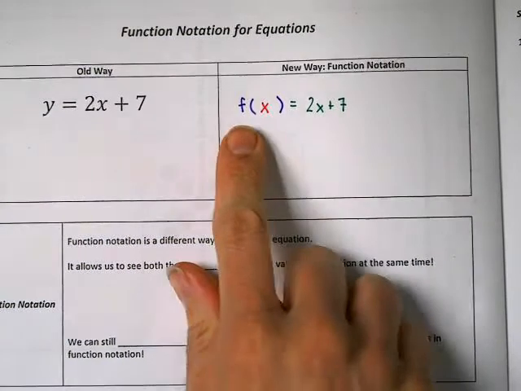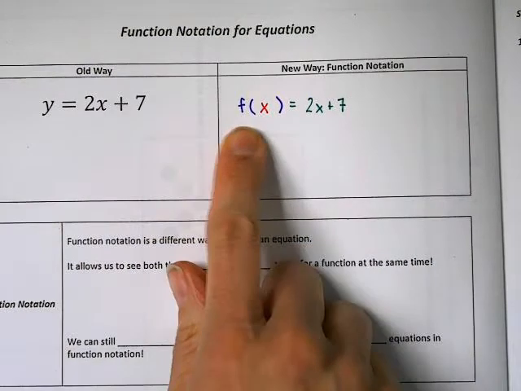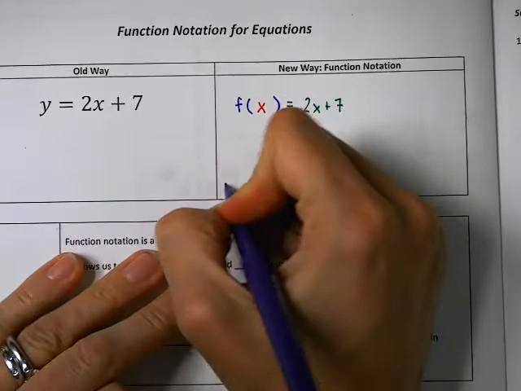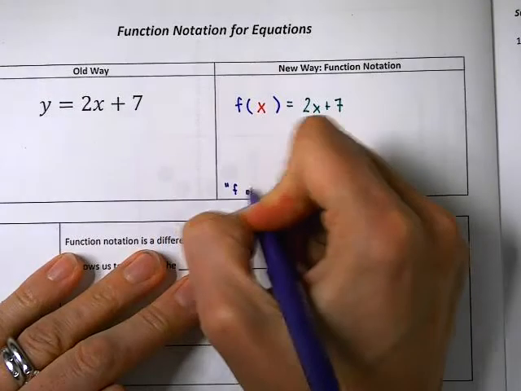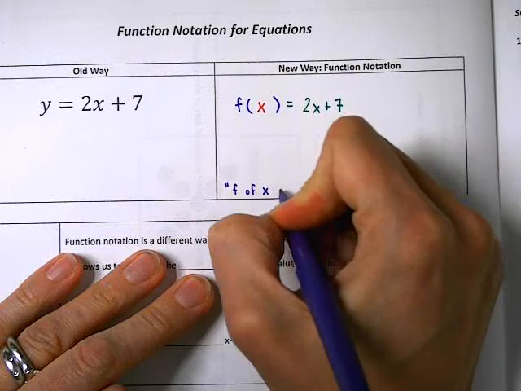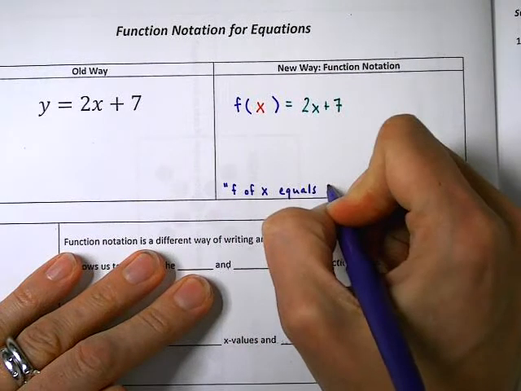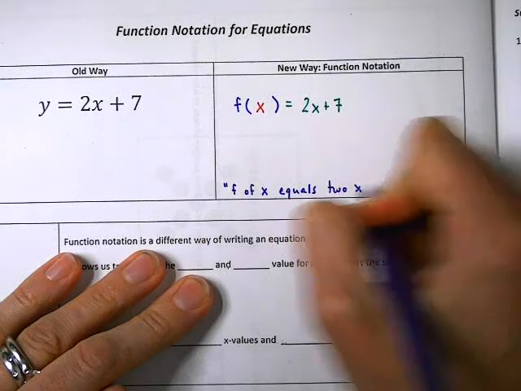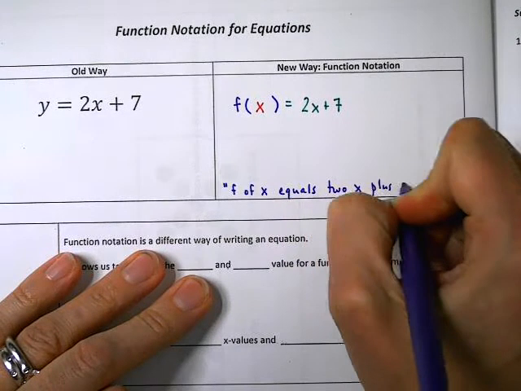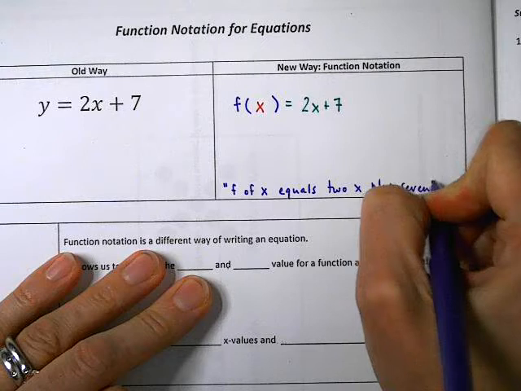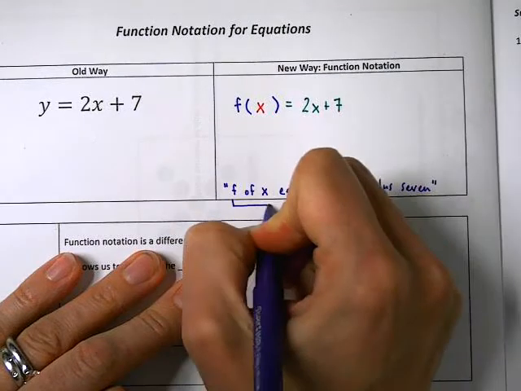So it's going to say, we read this as f of x, so I'm going to put down here f of x, and then obviously would say equals 2x plus 7. So this new part is the f of x.